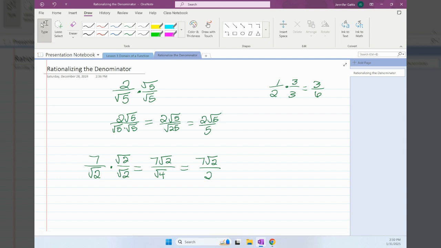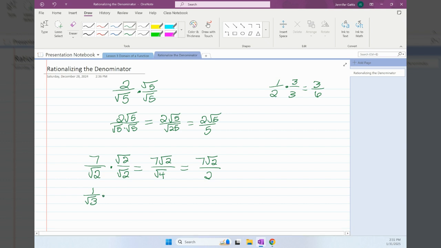Let's look at one more example. Okay? So one more example. Let's say that we have 1 over the square root of 3. Well, obviously that is an irrational number in the denominator. 3 is not a perfect square, so the square root of 3 is an irrational number.